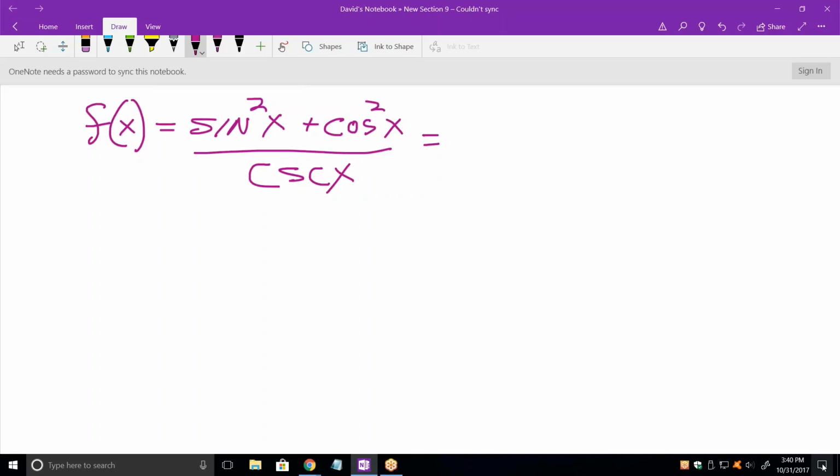Which means that this is 1 over cosecant of x. What's that equal to? It's the reciprocal of cosecant. So it'd be cosecant x over 1? Nope. This is sine x.